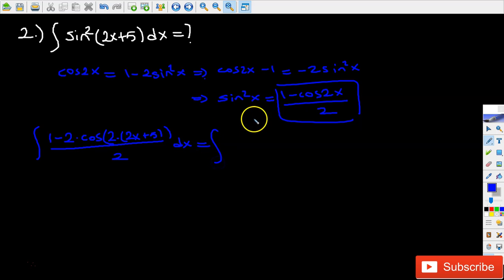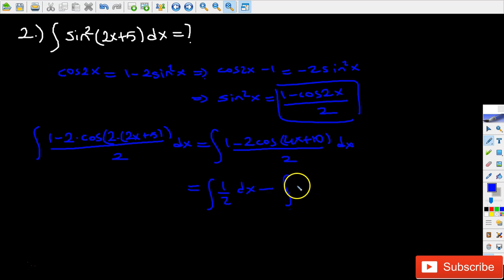If I simplify it, we get 1 minus cosine 4x plus 10 divided by 2. So this integral can be broken down into integral 1/2 dx, there's dx right there, minus integral cosine 4x plus 10 dx.